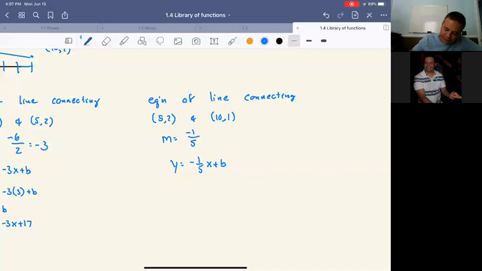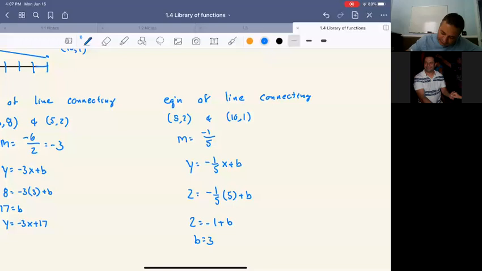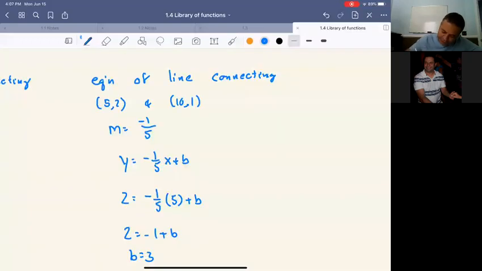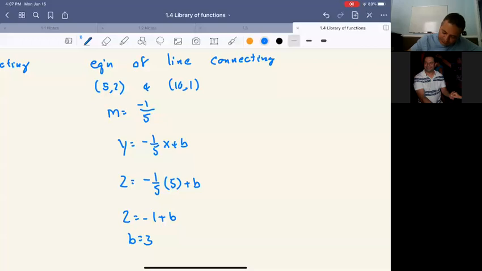Let's use the point 5, 2. So 2 equals negative 1/5 times 5 plus b. 2 equals negative 1 plus b. b equals 3. So this line is going to be y equals negative 1/5 x plus 3.